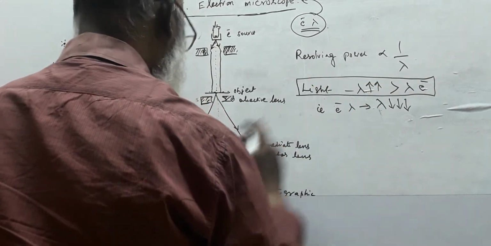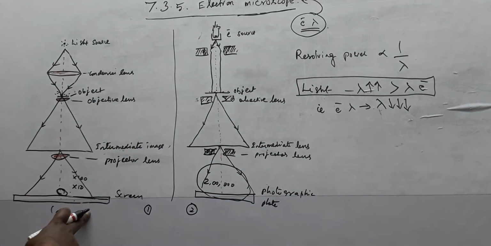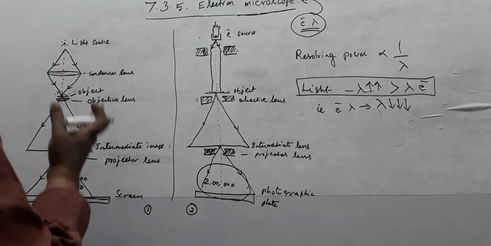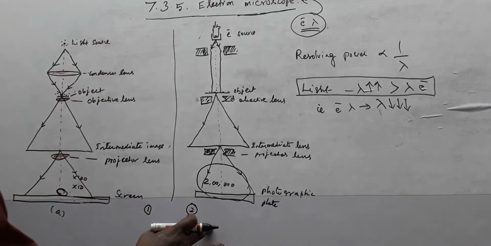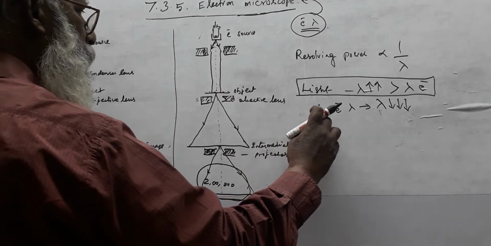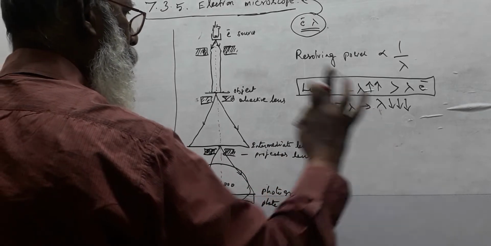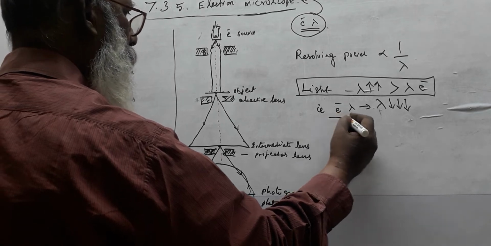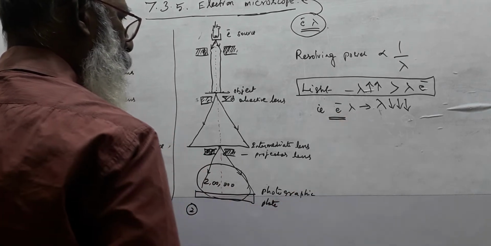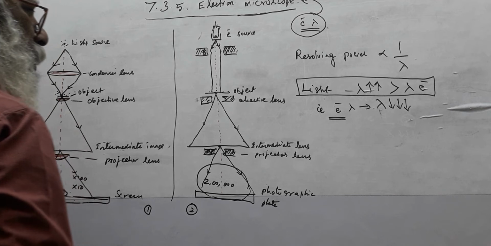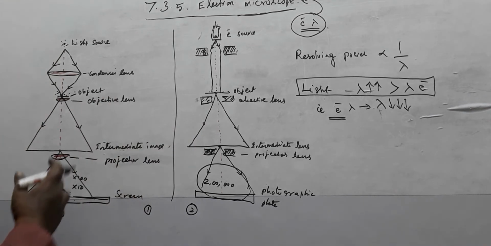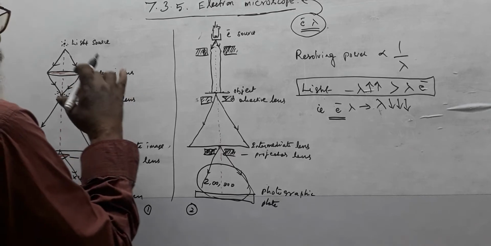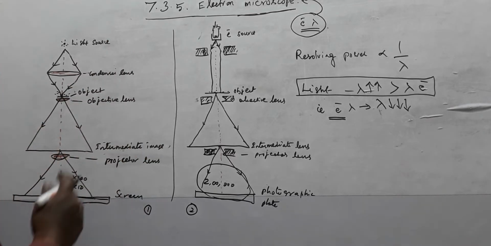The same working condition is used in the electron microscope, but instead of light rays the incident ray is an electron ray, or matter waves. That's a major difference. Now we are going to explain the apparatus setup.